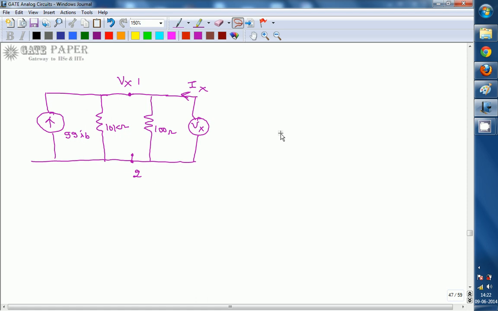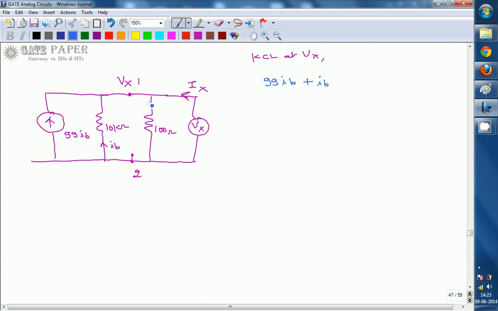This is the circuit diagram redrawn, and the current flowing through the 10 kilo ohms is Ib. KCL at Vx: all incoming currents are positive, outgoing currents are negative. The 99 Ib is incoming, so it is positive, plus Ib.